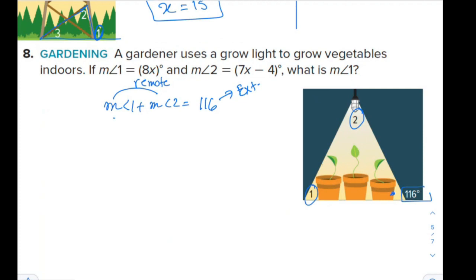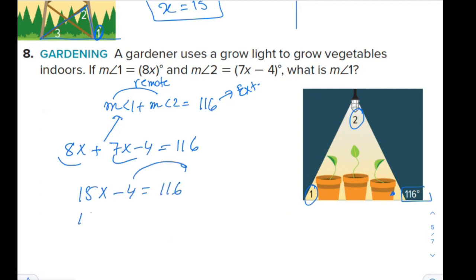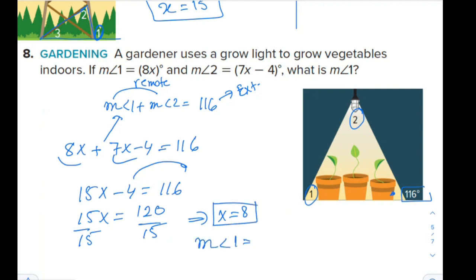So I will replace angle 1 given to be 8x, angle 2 given to be 7x minus 4, and we will arrange the equation. 15x is 120, divide. 120 divided by 15, which is 8. So our angle, which is 1, is 8 times 8, which is 64 degrees.